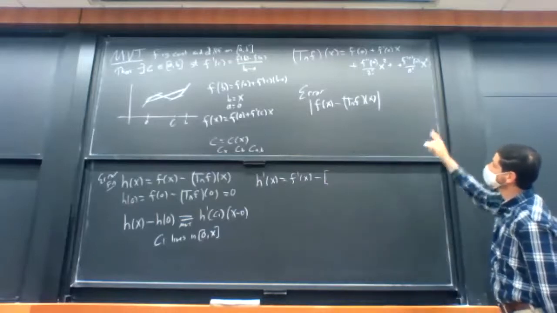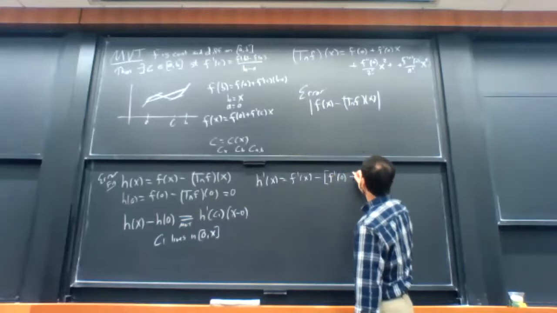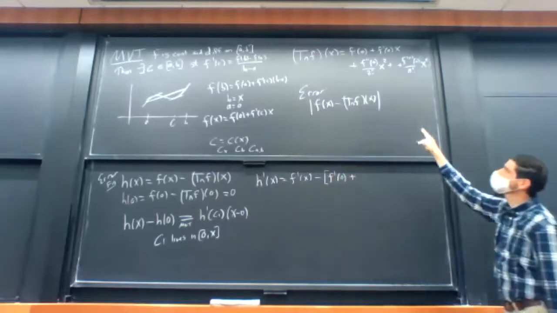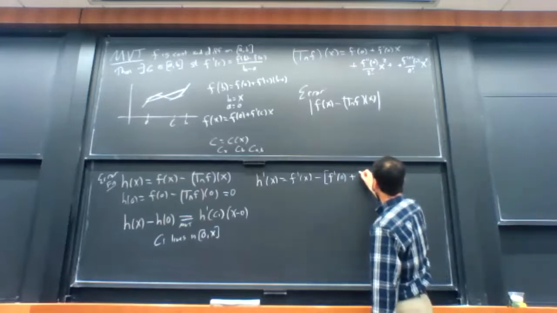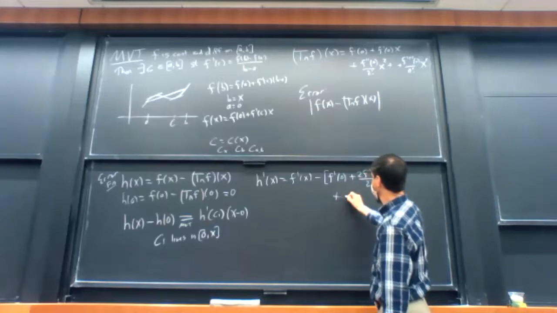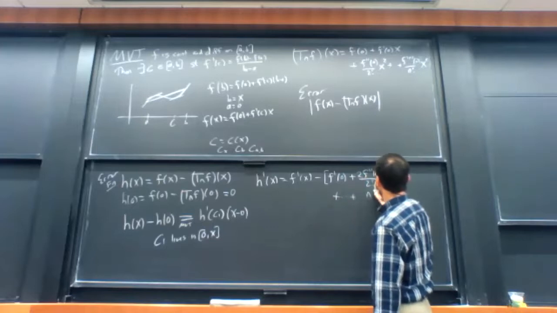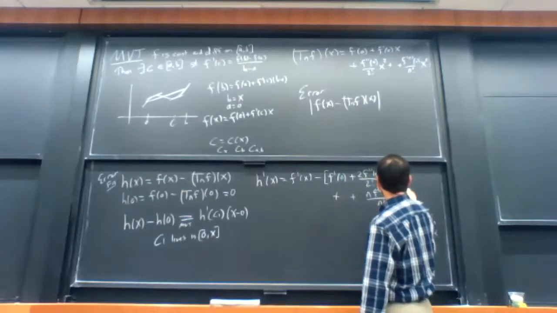When I take the derivative, I'm going to get f prime of 0. Then I'll have f double prime of 0 over 2 factorial. The derivative of x squared is 2x. So it'll be 2 f double prime of 0 over 2 factorial x, plus all the way up to the nth derivative at 0 over n factorial x to the n minus 1.